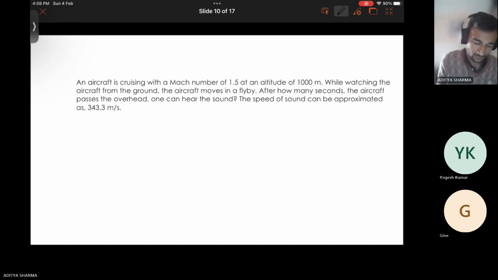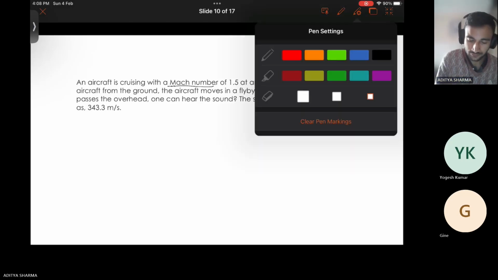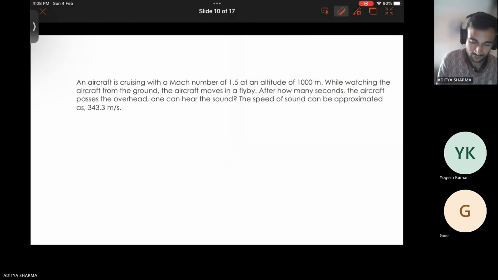So an aircraft is cruising with a Mach number of 1.5, all right. Mach number here is 1.5. Let's just underline this. And this altitude is 1000 meters.